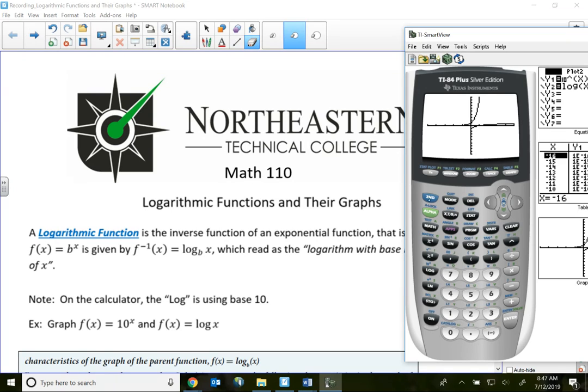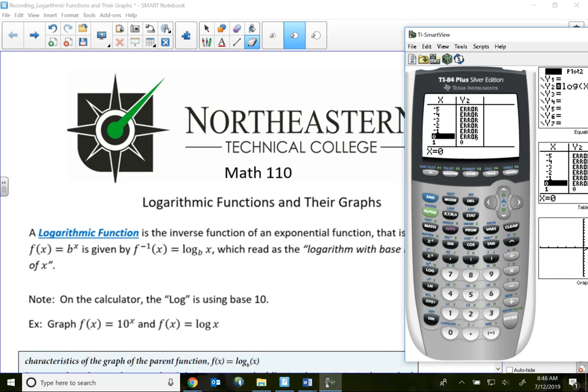Now I'm going to delete 10 to the x real quick and go to the table to show you that if I come down here, log with base 10 of 0, if x is 0, it's considered an error. The function does not exist.